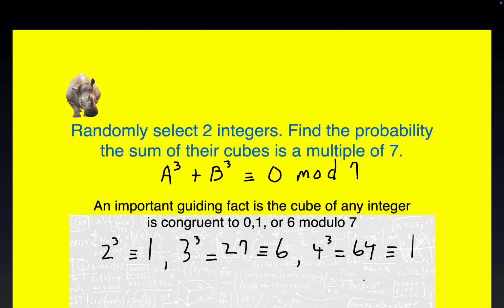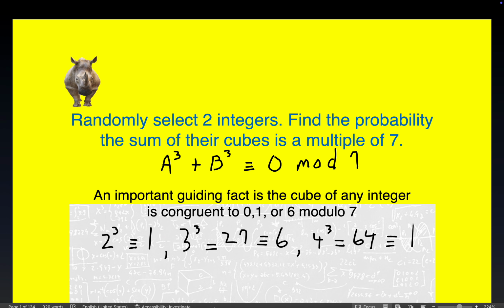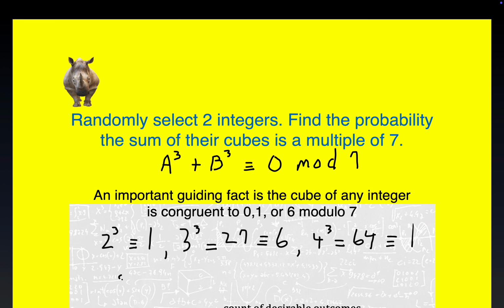All right, let's keep going here. 5 cubed is equal to 125. What happens when you divide 7 into 125? Isn't 7 times 17 119? So you would have a remainder of 6 there also, right? A remainder of 6. 7 times 17 is 119, and plus 6 would be 125, right?